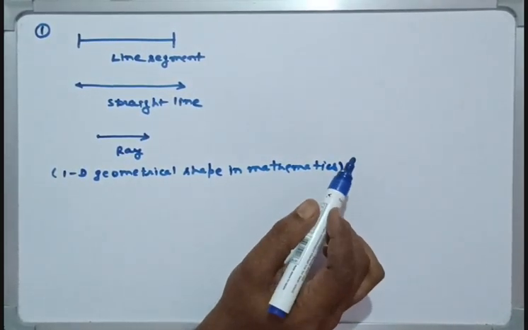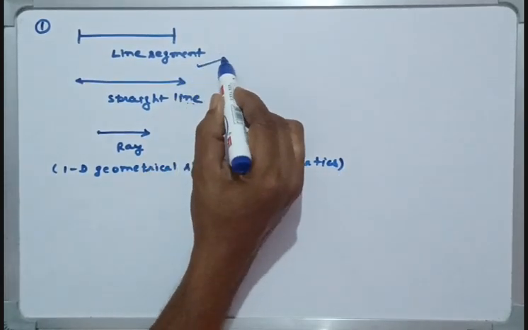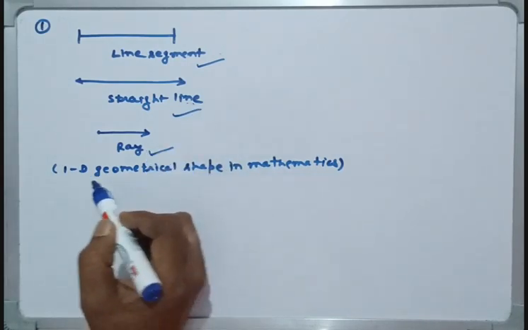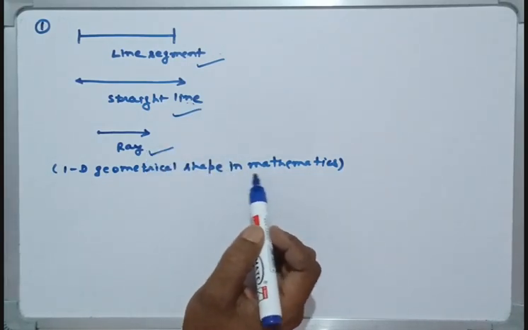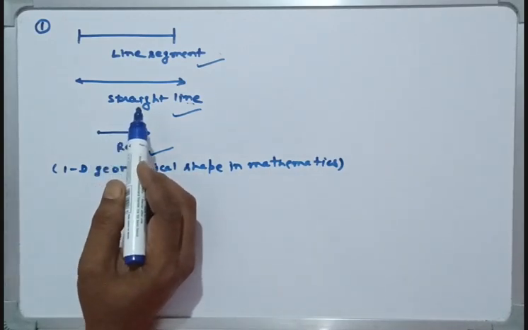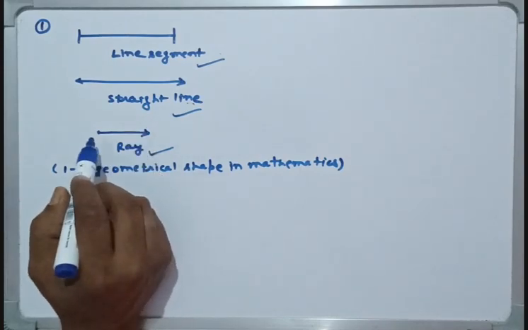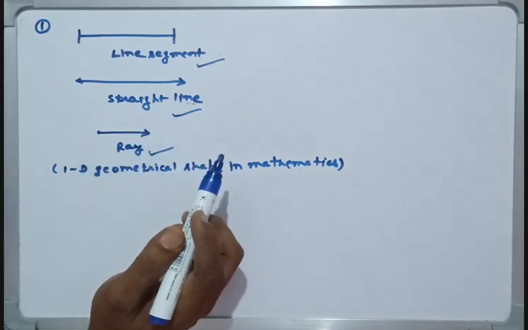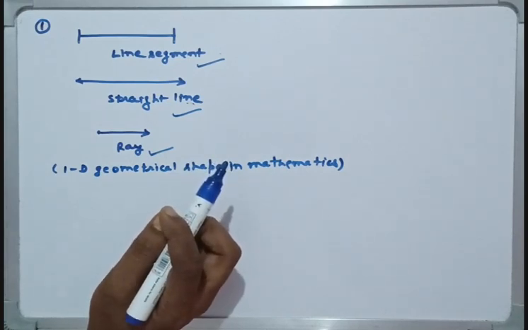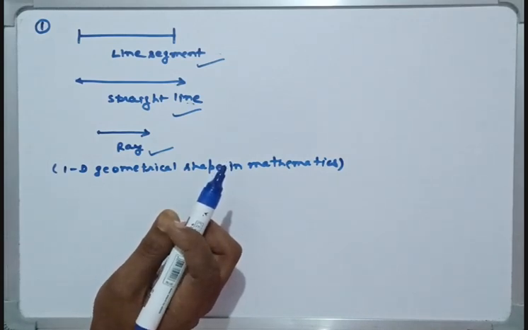Why am I saying line segment, straight line and ray are 1D geometrical shapes? Because in these three geometrical shapes only length is given, and width and thickness are missing here.